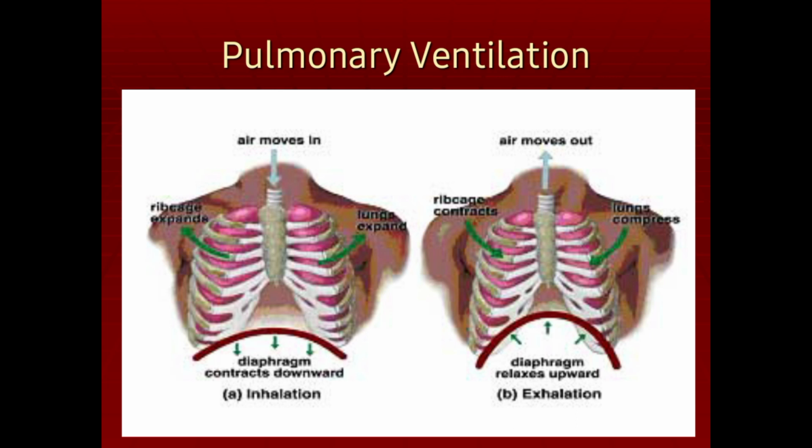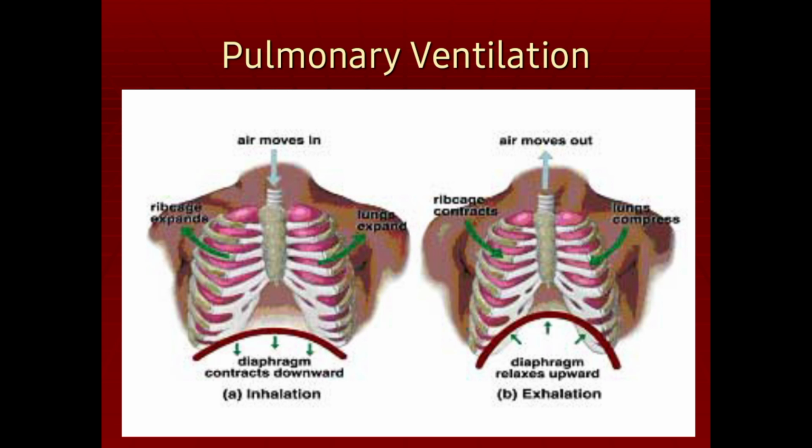When the diaphragm pulls the lungs down, the external intercostal muscles elevate the ribs. So that increases the anterior, posterior, and lateral dimensions of the thoracic cavity.